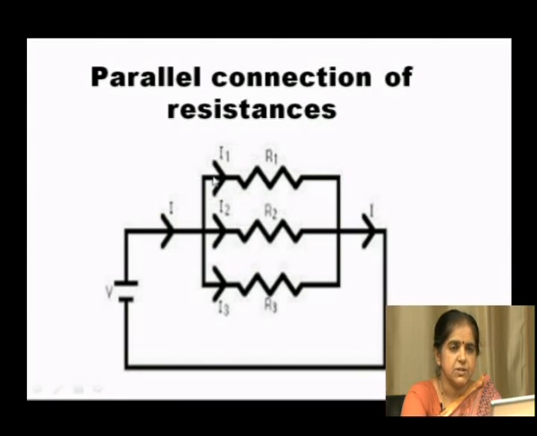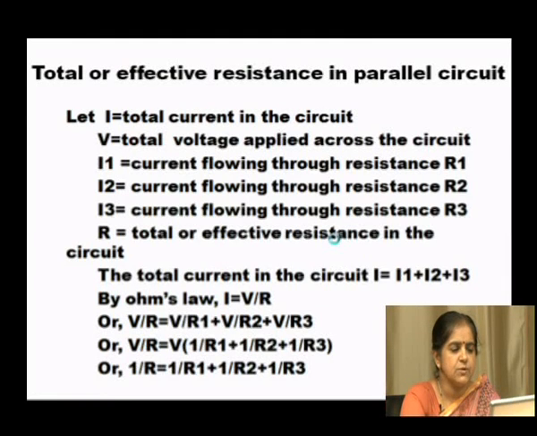In parallel connection of resistances, the starting points of all the 3 resistances are connected to a common point, that is the positive terminal of the supply voltage. Okay. Similarly, the finishing ends of the 3 resistances, R1, R2 and R3, are connected to the other end, that is the negative terminal of the supply.